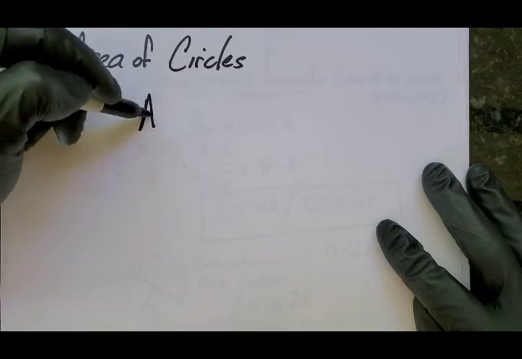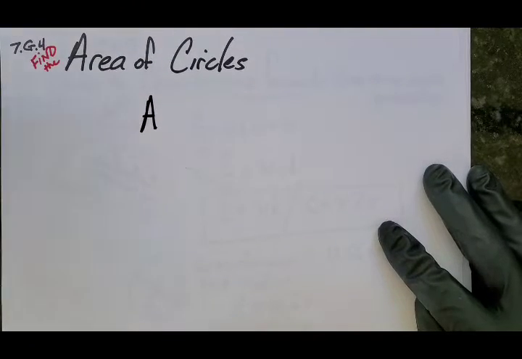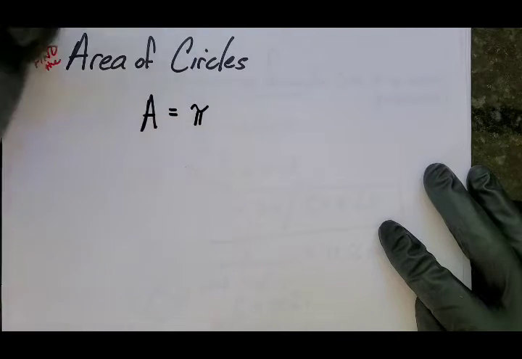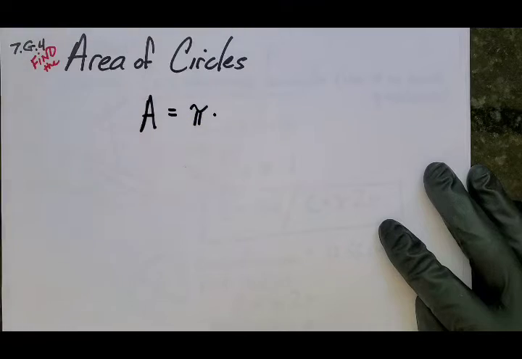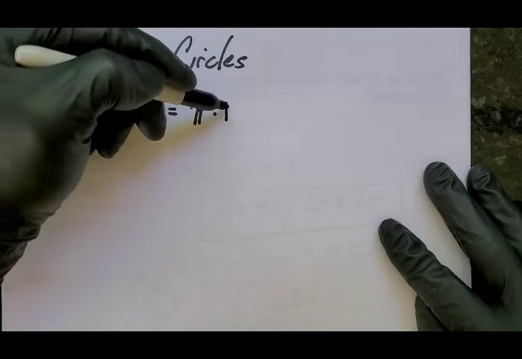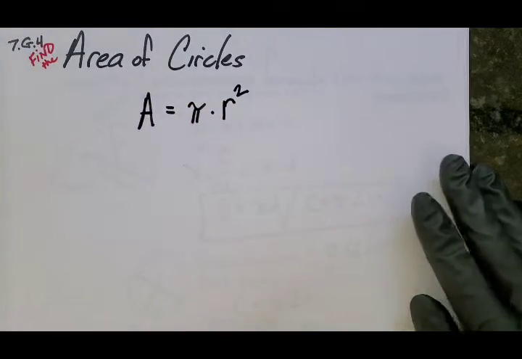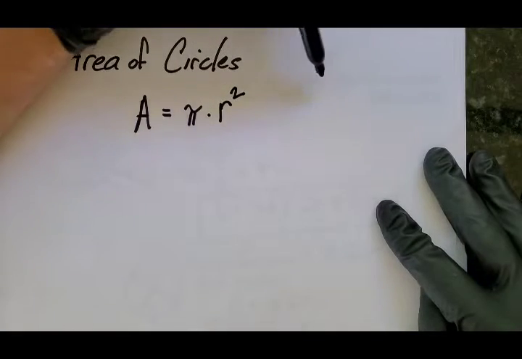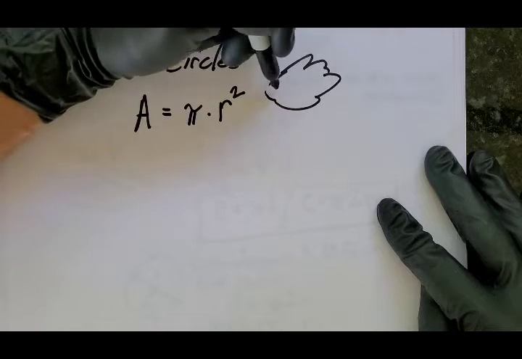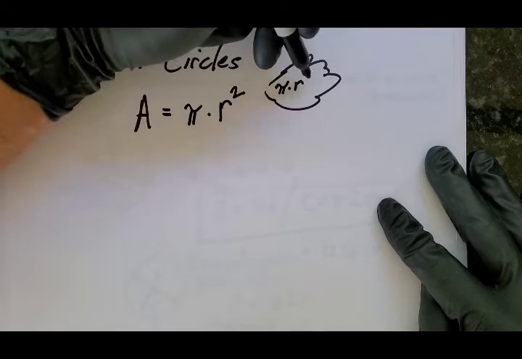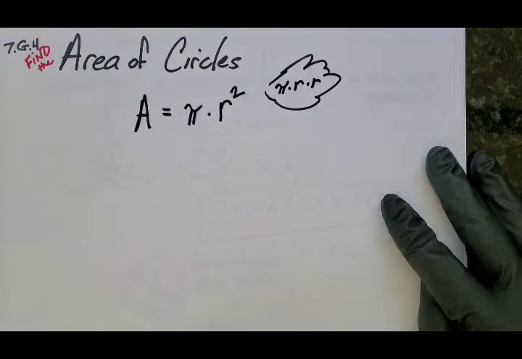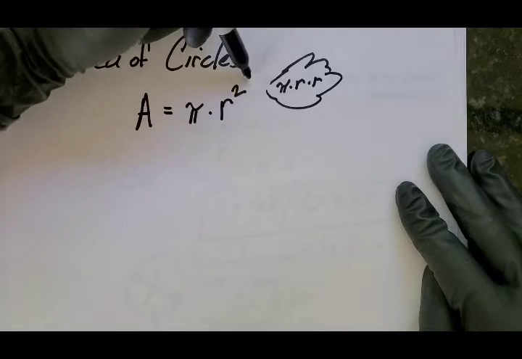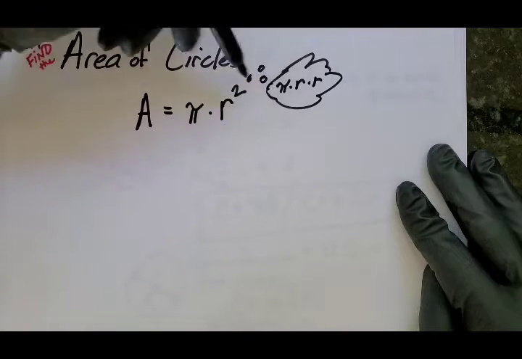Okay, so the area of any circle is equal to the value of pi times the radius of that circle squared, meaning the radius multiplied by itself. Sometimes you might see it written as pi times radius times radius, but that's just a lengthy way of writing this.